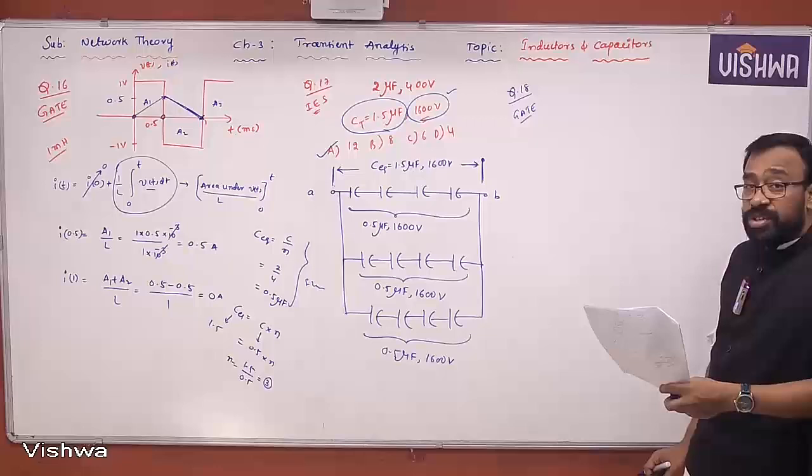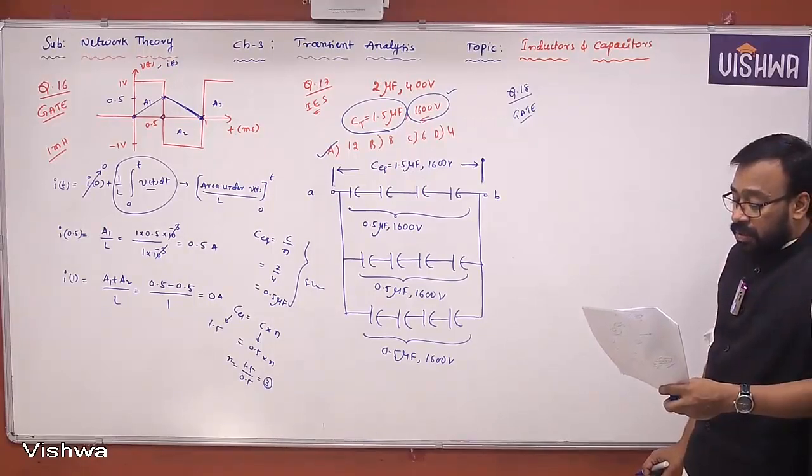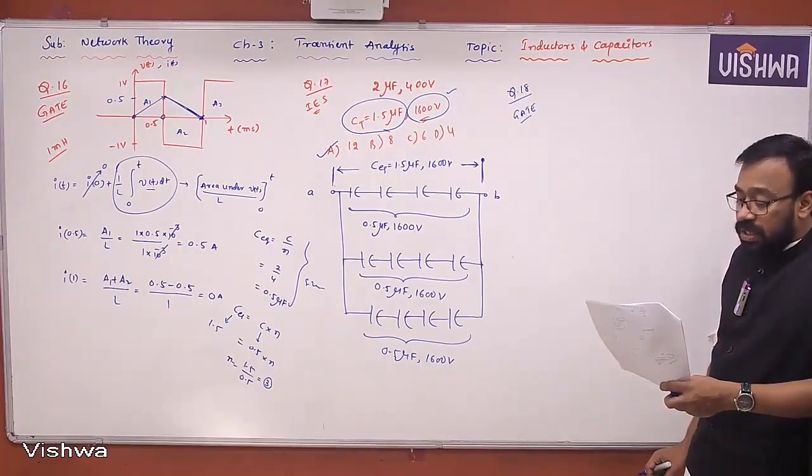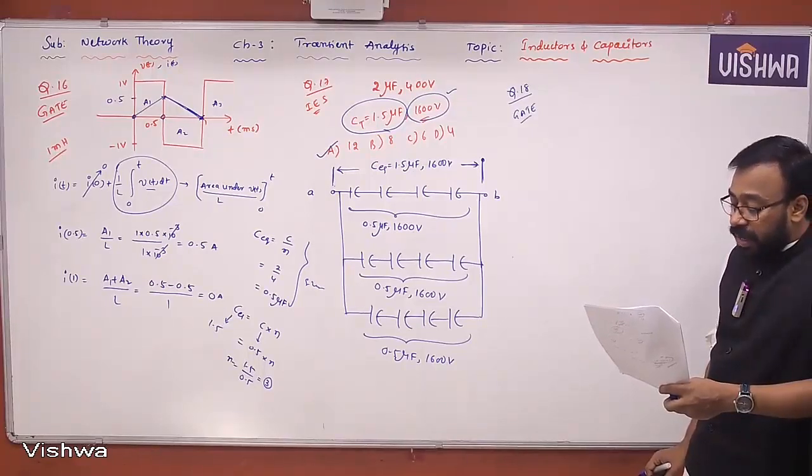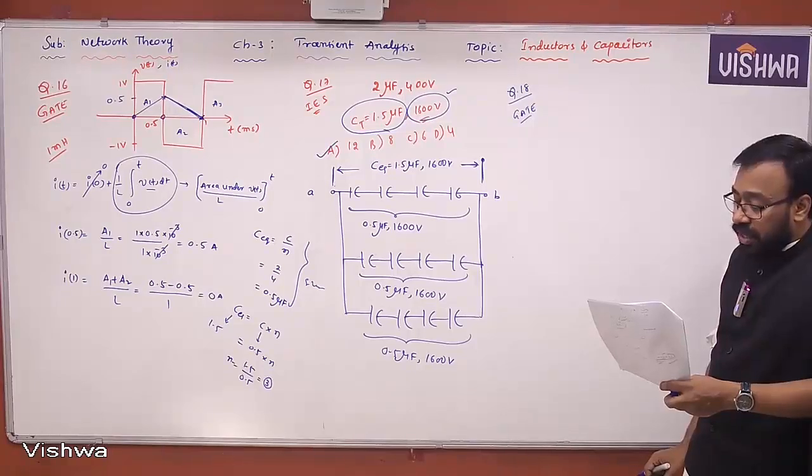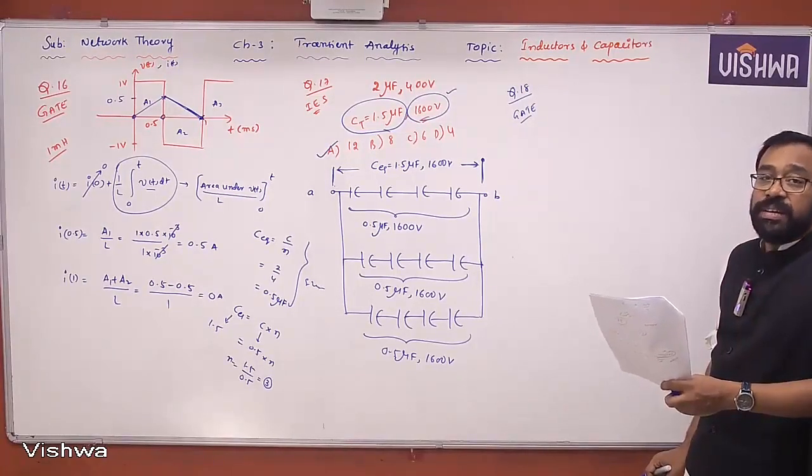For the interconnection shown, the maximum safe voltage in volts that can be applied across the combination and the corresponding total charge in microcoulomb stored in the effective capacitance across the terminals are respectively.